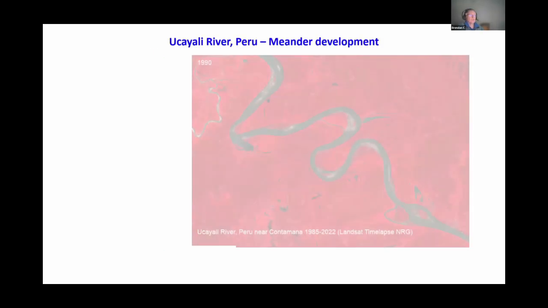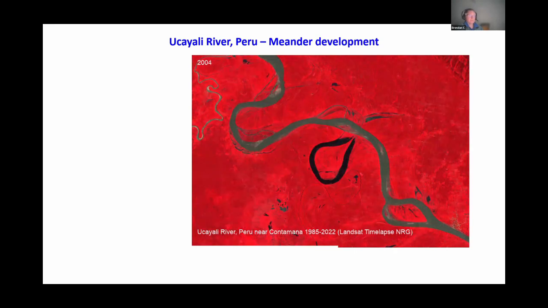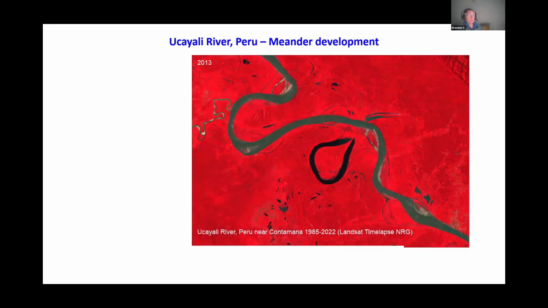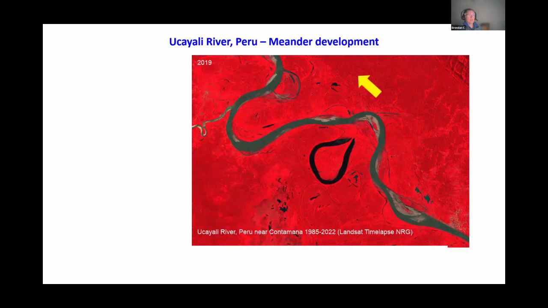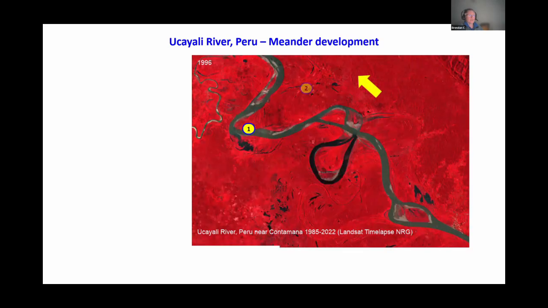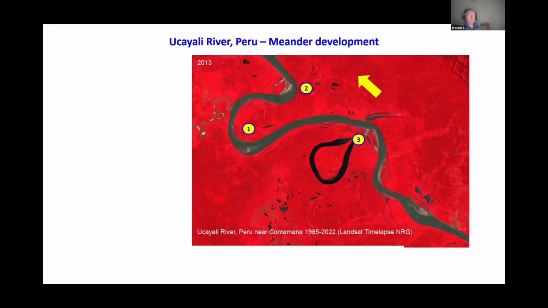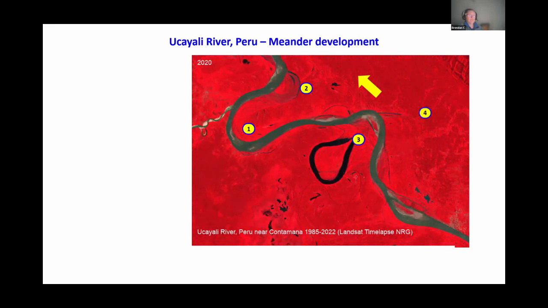Here's another example. This is another river in Peru, similar idea, slightly different approach this time. This time we can add not only the direction of flow, we can put some numbers on. Ask the students what's going on at each of these locations. Could be used, say, as a retrieval practice.